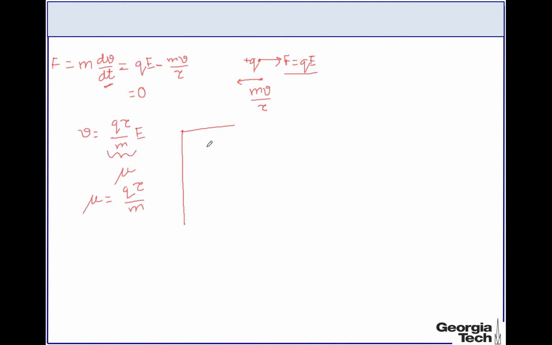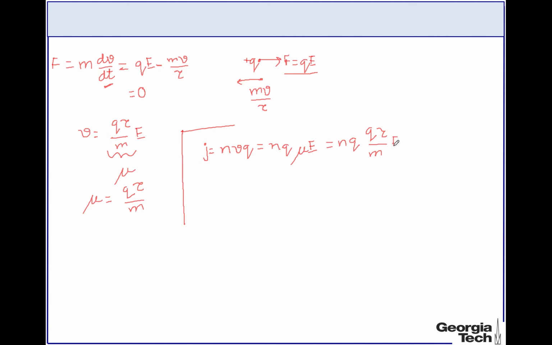We have seen J equals N v q, and v is equal to mu multiplied with E, and this mu is q tau by m.